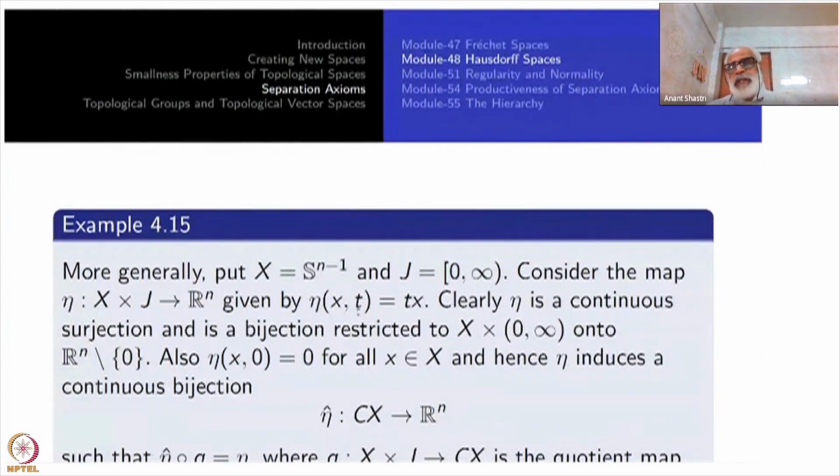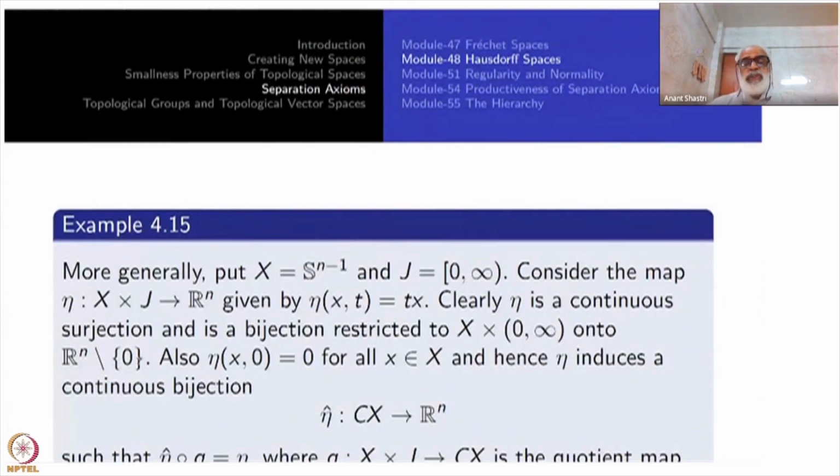What is the corresponding t? It's just the norm. You multiply it by the norm, you get back the vector v. Okay, so this is a surjective map. It is a bijection if you take non-zero vectors and don't take t equal to 0. That means on the open interval (0, infinity) cross X, it's a bijection. And what is the image? Image is R^n minus 0.